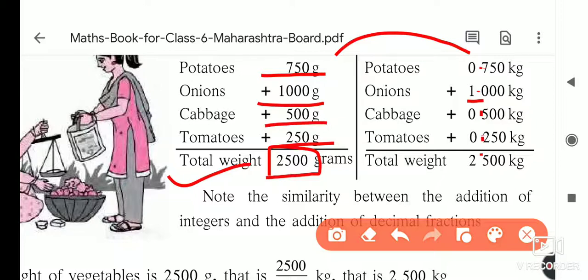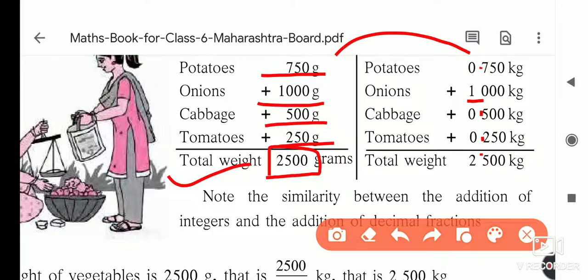So in this method, cabbage we write 0.500 kg. Tomatoes she took 250 grams. 250 grams means 0.250 kg.